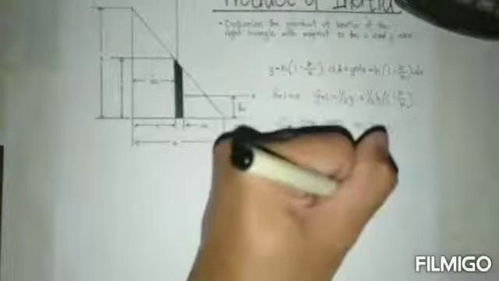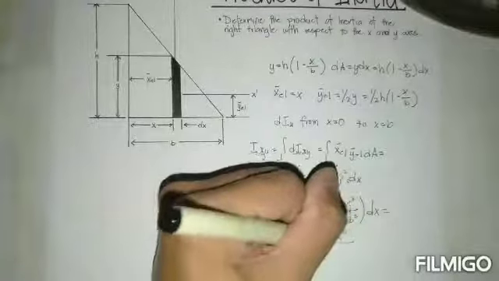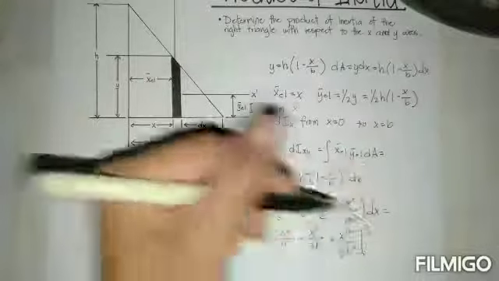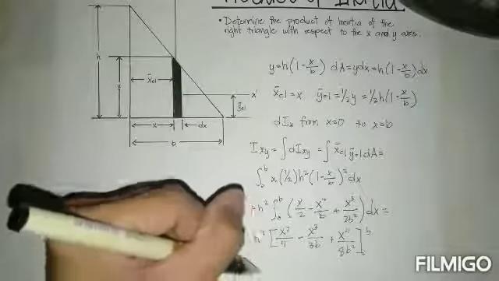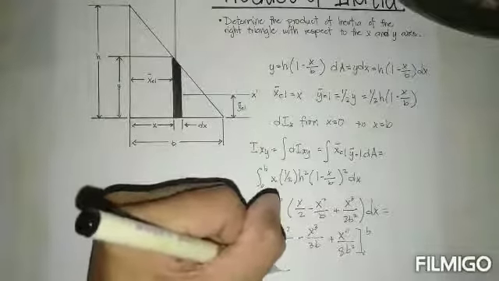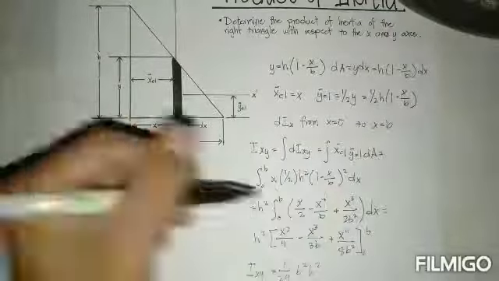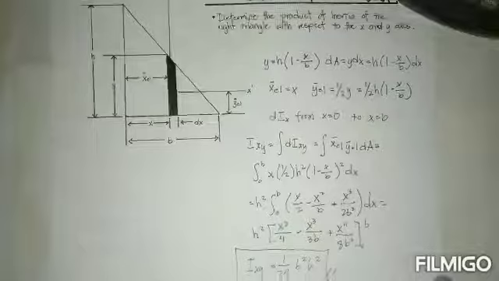So it equals height times, 4 minus x cubed over 3b plus x. So the answer would be 1 over 24 base times height. That would be the answer.